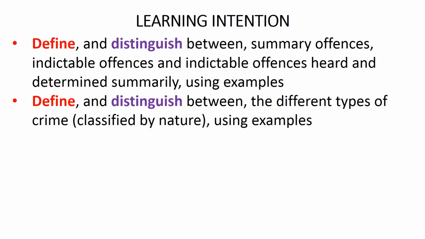In addition, you need to be able to give examples of each of these different kinds of offences. The second learning intention is that you need to be able to define and distinguish between different types of crime which are classified by their nature. Again, in doing this, you need to be able to give examples of the different types of crimes. Make sure that you write each of these learning intentions down in your Cornell notes.